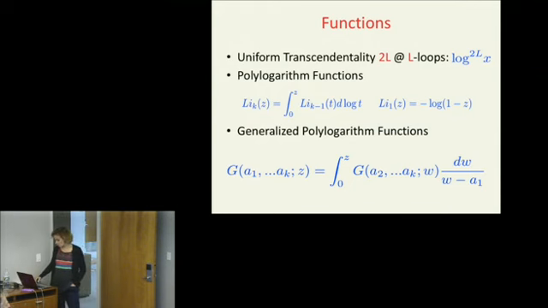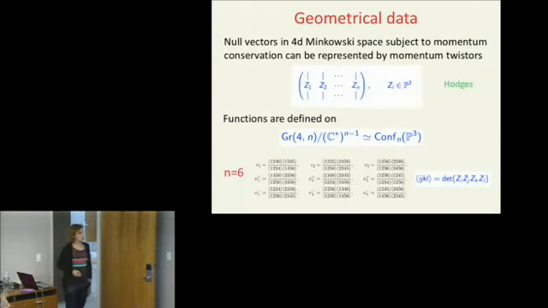Now, what are the functions of? So normally when we compute scattering amplitudes in field theory, the amplitudes are functions of momenta, P1, P2, up to Pn. Now, it is known that there is a map between the null vectors, where the momentum p squares to 0, in Minkowski space, subject to momentum conservation, and a set of n vectors in P3.